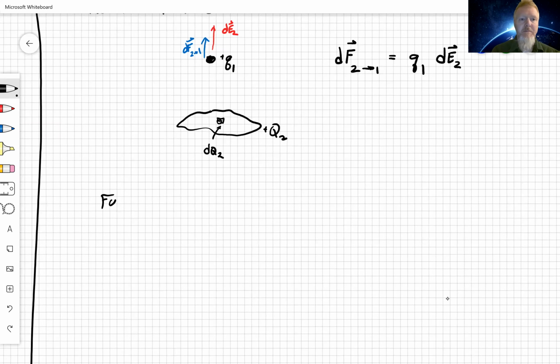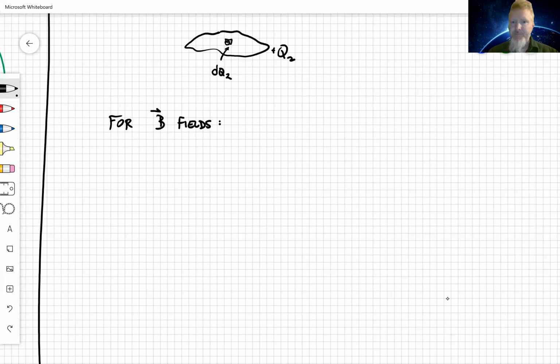Now it is for B fields. We have two electrical currents. Okay. I'm going to have an electric current here. And let's suppose that I have a certain length of this wire. Okay. So a certain length of wire L, and we have a current running along it, and we'll call it current I1.